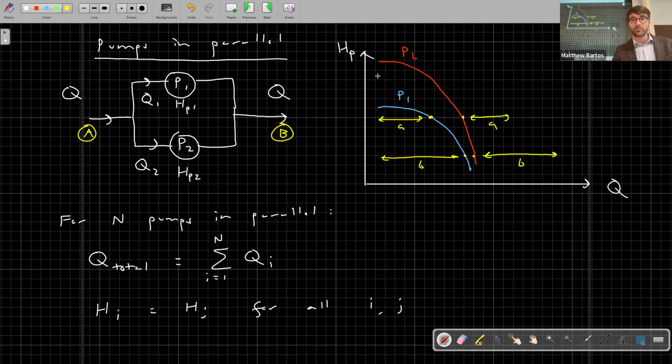And we get our new pump curve for the pumps acting in parallel. That will look something like this. And it has to be over their shared range. So I'm going to remove this little part here. So this is P parallel. This is our pump curve for the two pumps acting in parallel.